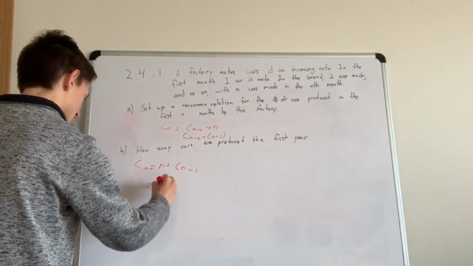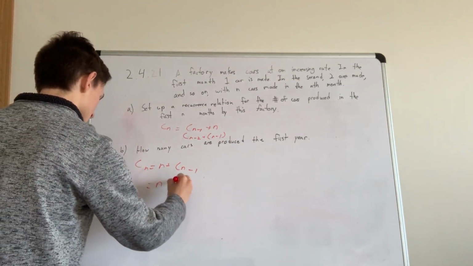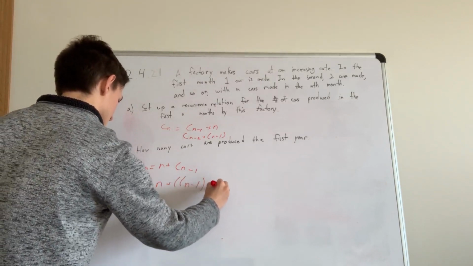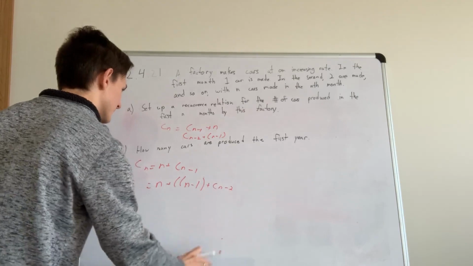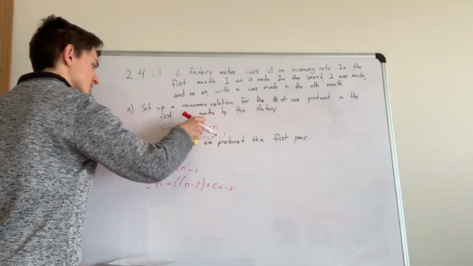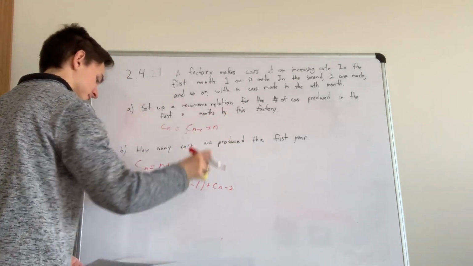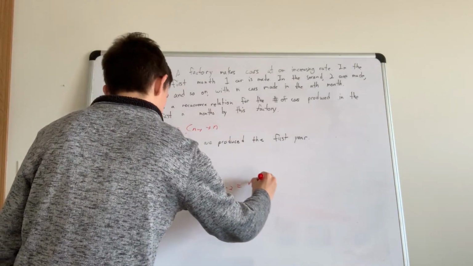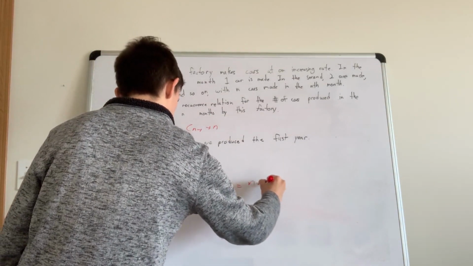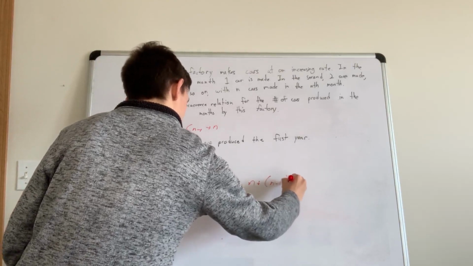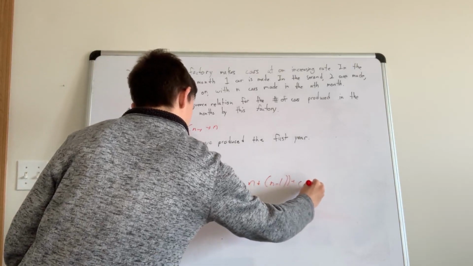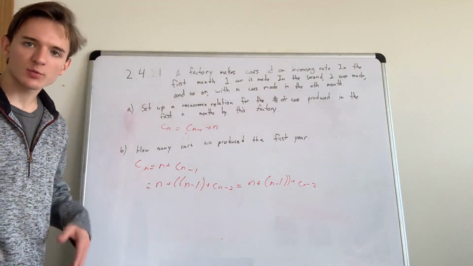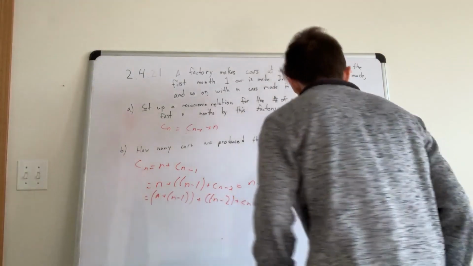That's just n plus n minus 1 plus C of n minus 2. We're seeing a similar pattern emerge from another previous problem we've done before.